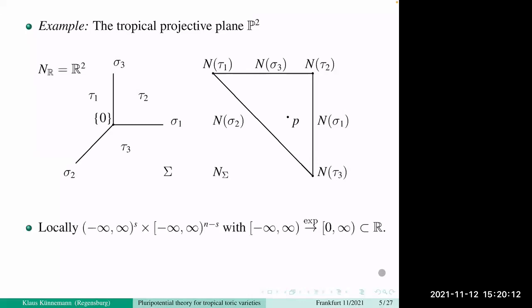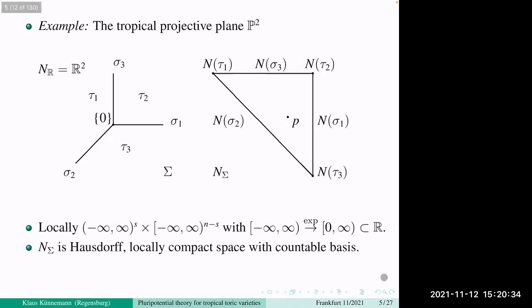Because we have assumed that our fan is smooth, locally our space looks like R^n, and at some components you also allow minus infinity, or plus infinity. And then you define the topology such that the map becomes a homeomorphism. That's roughly the idea.